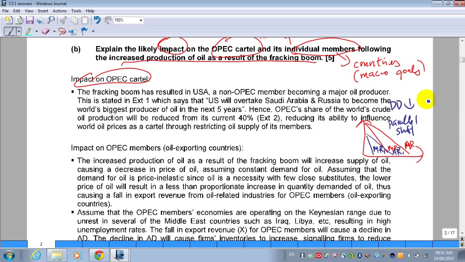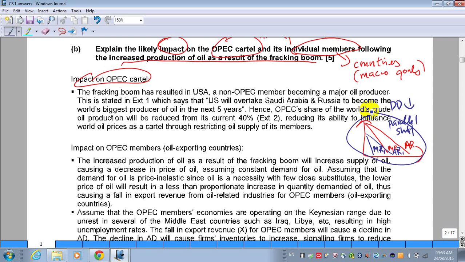I think it is not here, but what I would prefer you to have done would be to draw this graph, complete with the MC and AC curves, to show me that the profits of OPEC would fall. The level of supernormal profits that it would be earning would fall, and this is something that I've taught you in class.